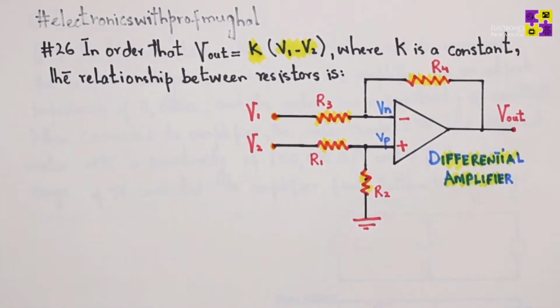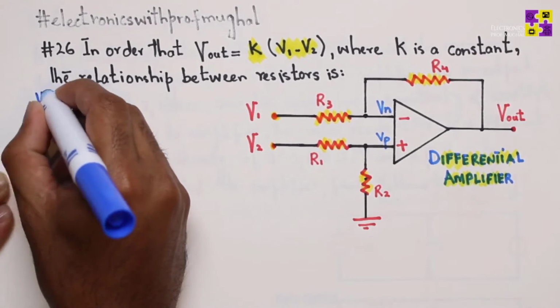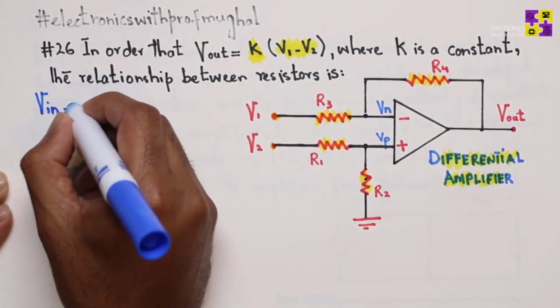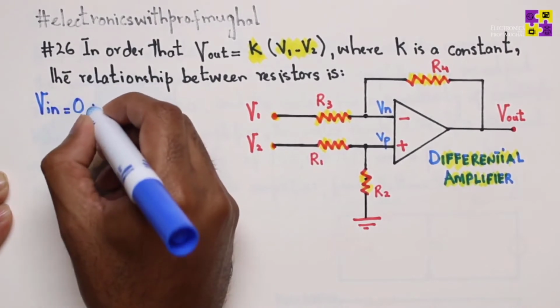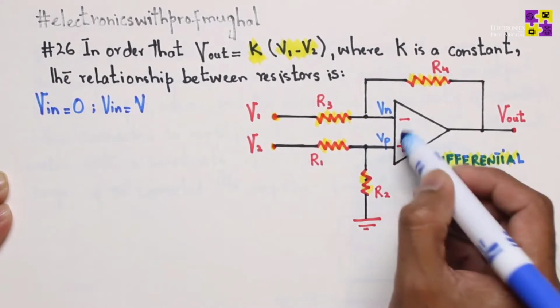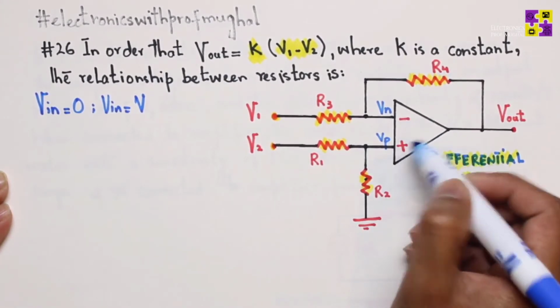Okay. All right, let's try to do this. There's a little bit of math and derivation involved here, but we'll try to go slowly and understand this part. The very first thing we need to understand is that Vin is ideally going to be 0, and it's the potential difference of Vp, the voltage at the positive terminal, and the negative terminal of the op-amp.